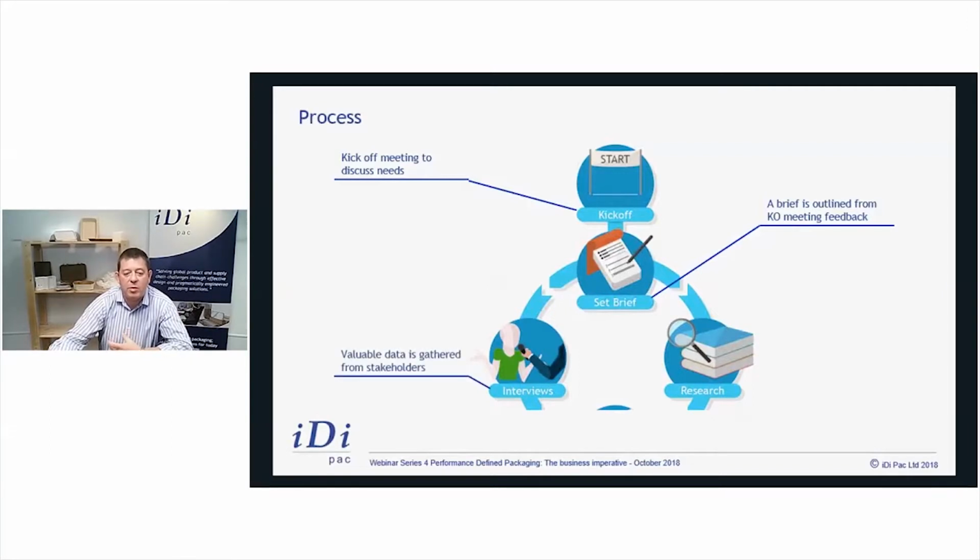And from there, we start to get expert inputs: the interviews gathered from stakeholders, and from the wider resources available to us in terms of packaging technology research, materials research, talking to experts in the field. So we're bringing all those people into the debate rather than just utilizing the resources of a supplier, a vendor, or internal prejudices, which is maybe one of the things that we concern ourselves with sometimes.